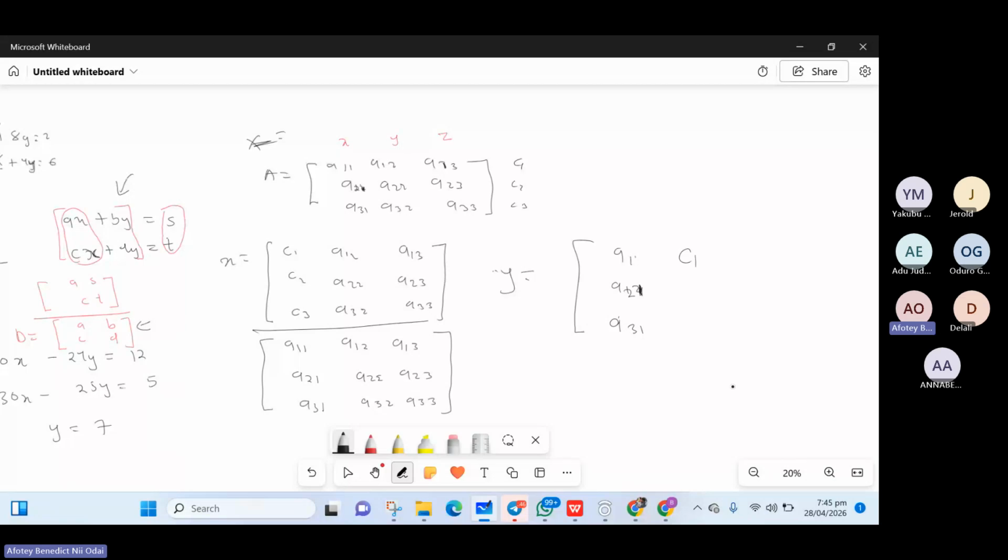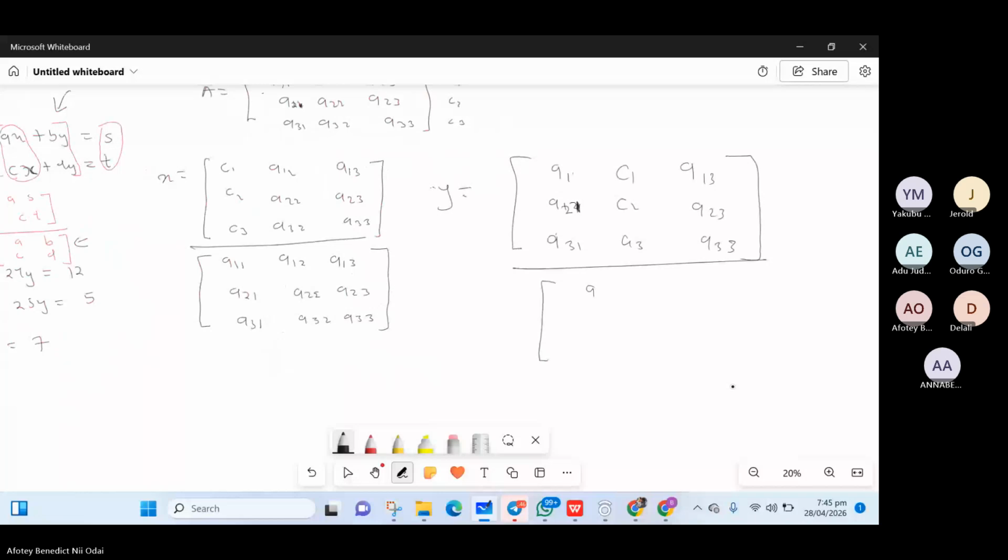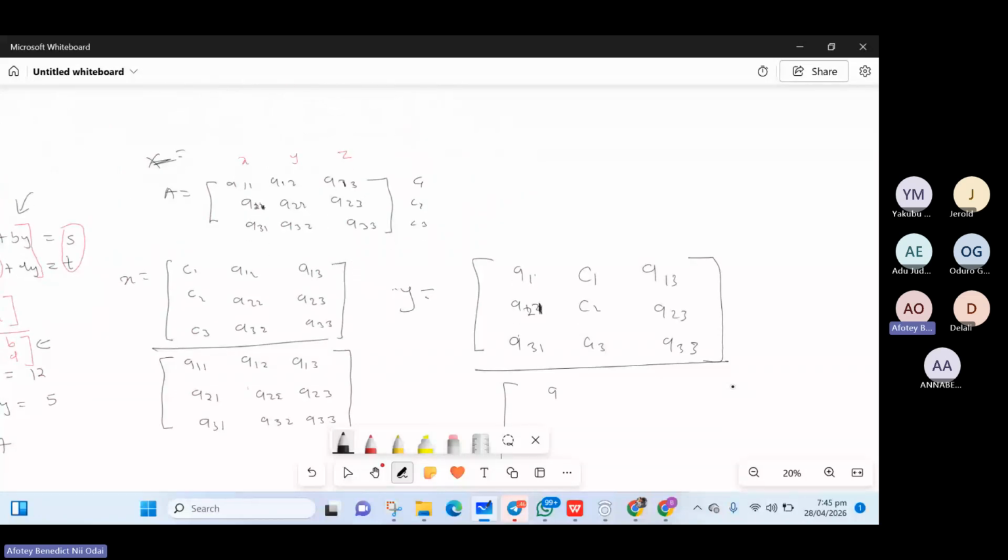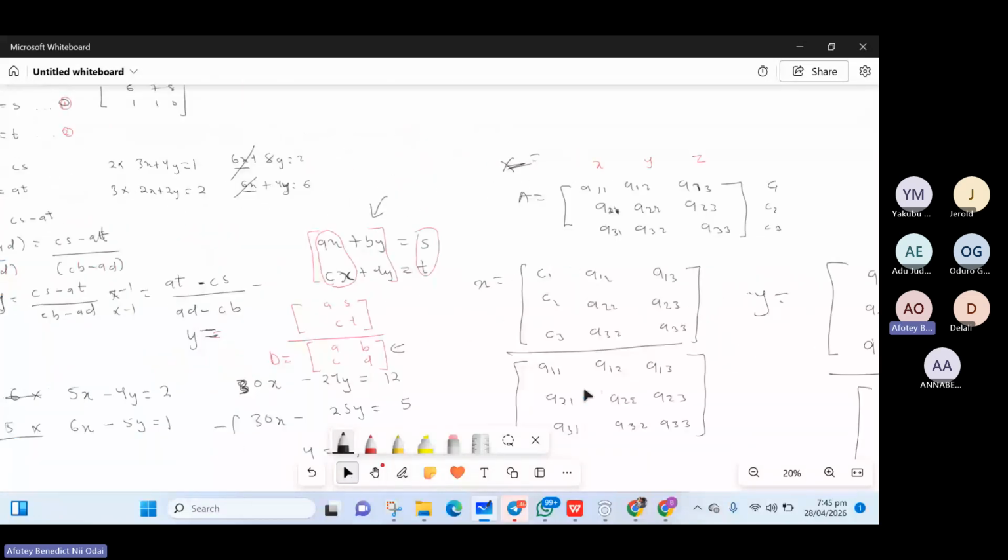With this c1, c2, c3, and again this over the original determinant matrix, which is what? A11, and it goes in that order, right? So this proof that we have here, this is the Cramer's proof.